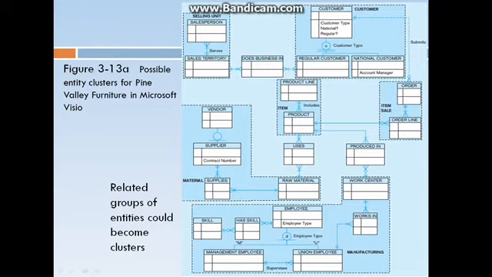Here is the picture of a complex entity diagram. From the diagram, the related entities we can turn into a cluster, such as vendor entity, supplier entity, supplies entity, and raw material entity. It will become the material cluster, and so on for the others.